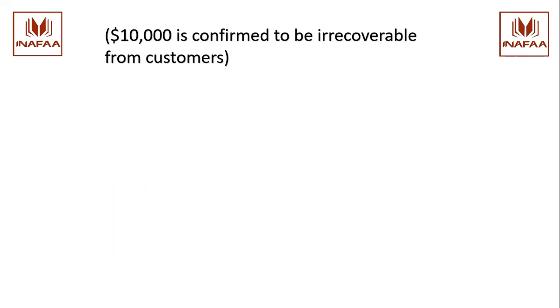So what we should do, we will record as an expense, debit irrecoverable debts 10,000, because now we will consider this asset as an expense because we are not going to receive this amount. Normally in business, remember, if a person does not pay within 6 months of the due date, it is considered to be an irrecoverable debt. It means he or she is not going to pay it.